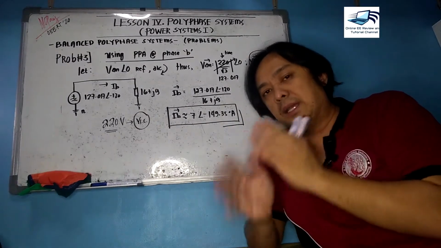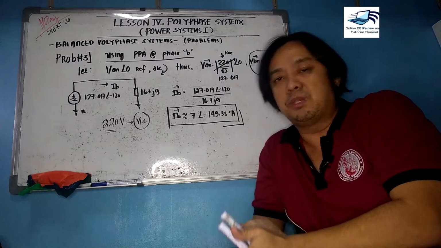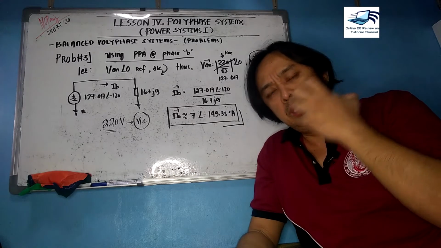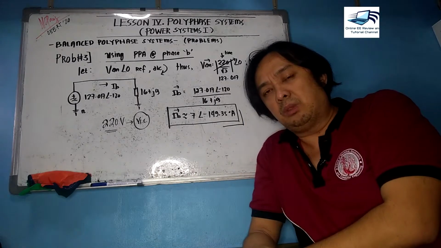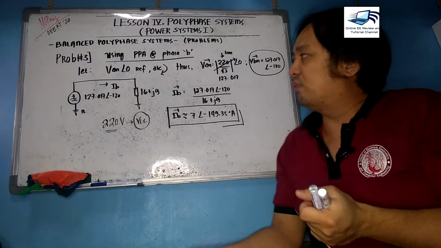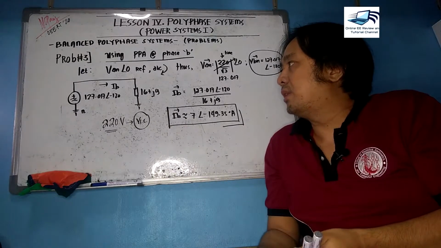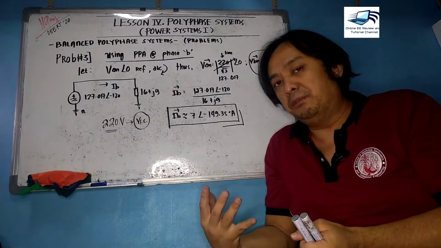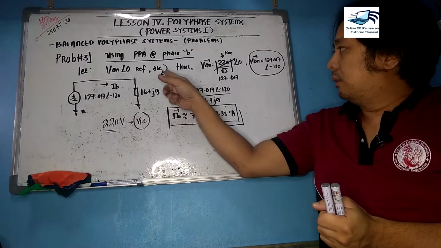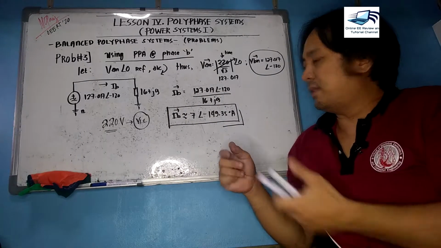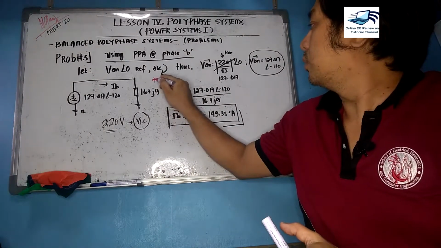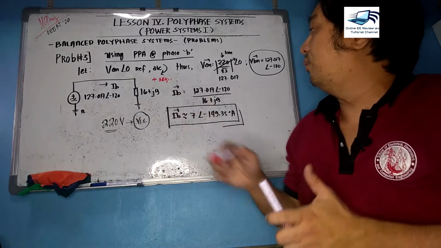Before you attack any problems on polyphase systems, you need to have the phase vector. Now, since there is no phase vector or reference vector, we assume that VAN angle 0 is the reference, the vector A. Now, ABC sequence, or a positive sequence. So you already know that one on phase sequences.